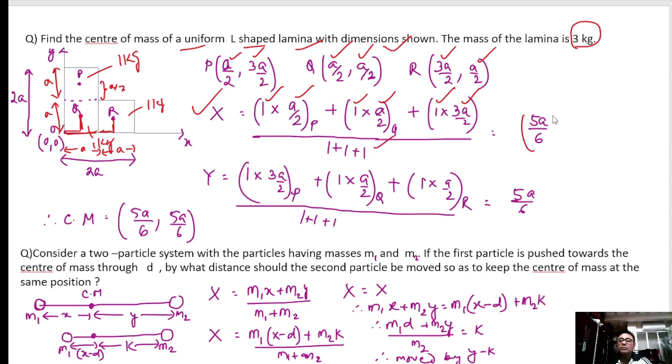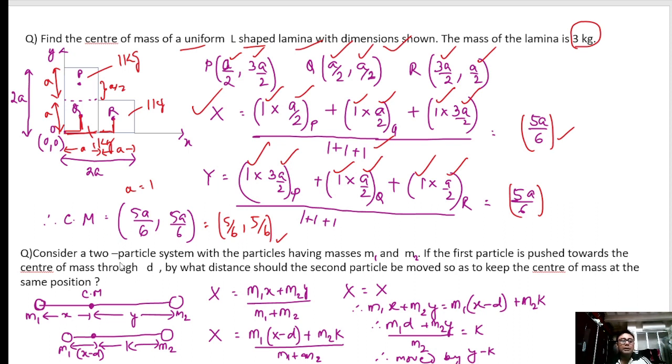Similarly, for the y coordinate, it is 1 into the y coordinate of P plus 1 into the y coordinate of Q plus 1 into the y coordinate of R by m1 plus m2 plus m3. Supposing a is 1, the coordinate will be 5 by 6 comma 5 by 6. So this is the center of mass. Clear?